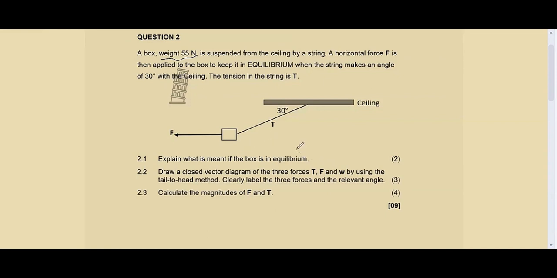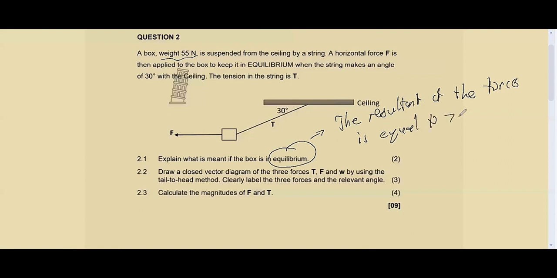If we say that the box is in equilibrium, we know that the forces will be balanced, but most importantly we know that the resultant of the force will be equal to 0, as a result of all the forces being balanced.